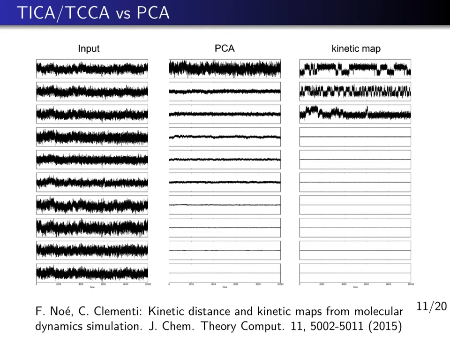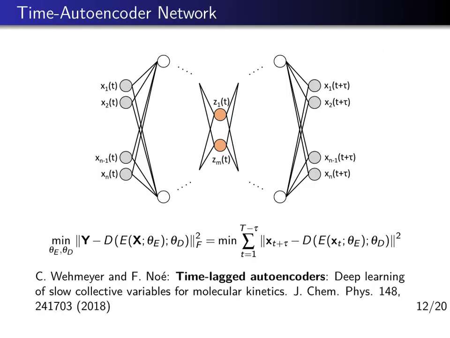Okay, so much about linear methods. Now let us take the same idea and define a nonlinear method. And this brings us to time-autoencoders. So here we follow exactly the same idea as in the principal component analysis and autoencoders lecture from last time.